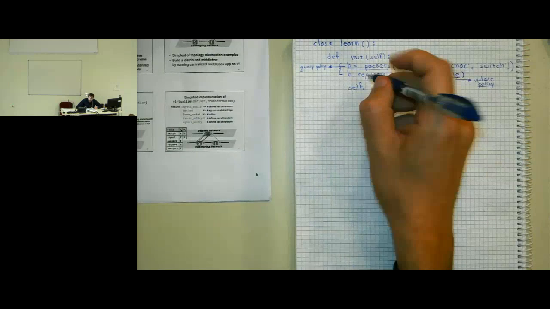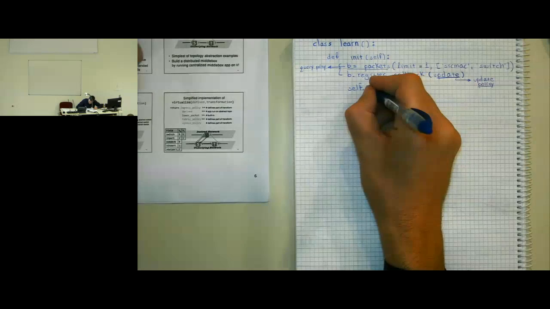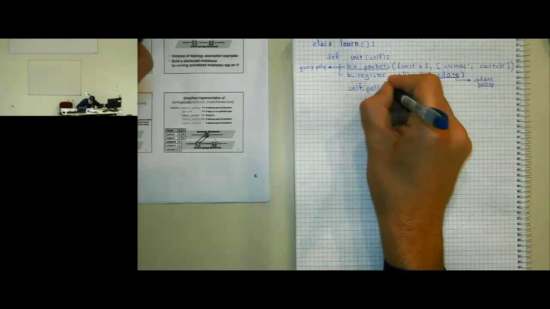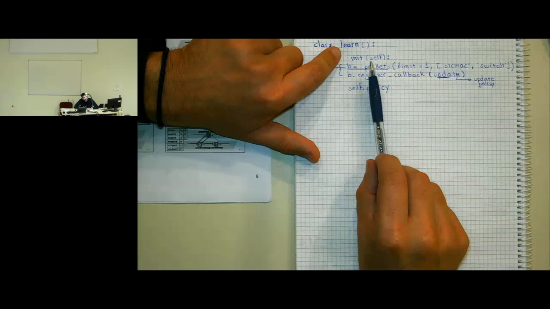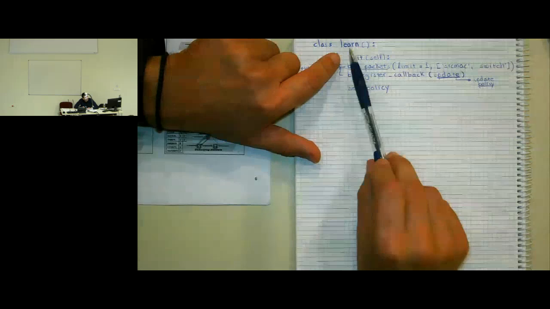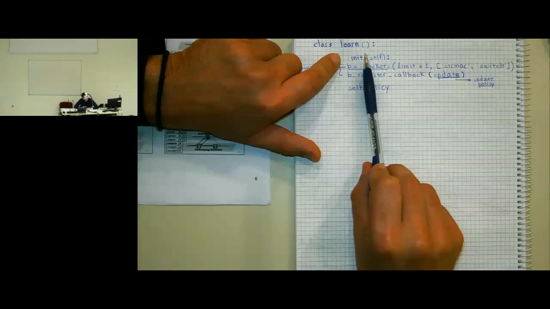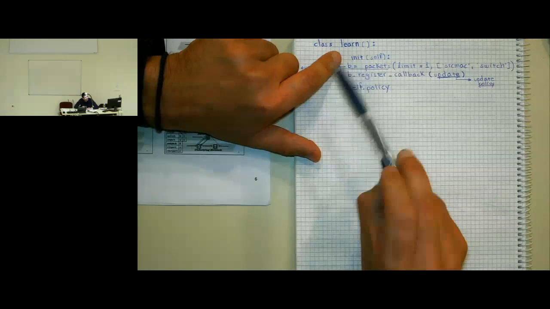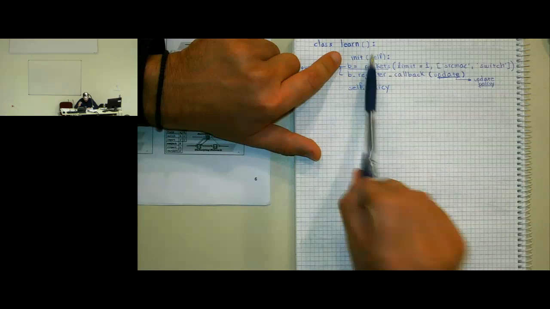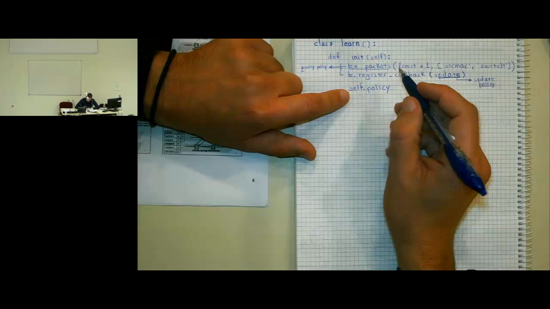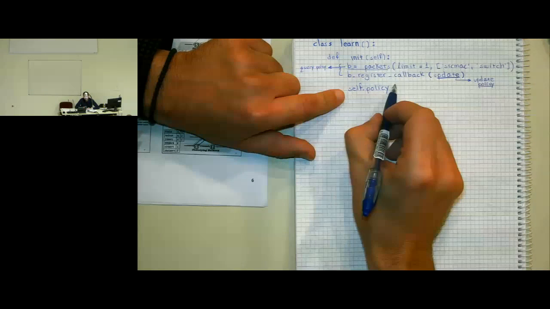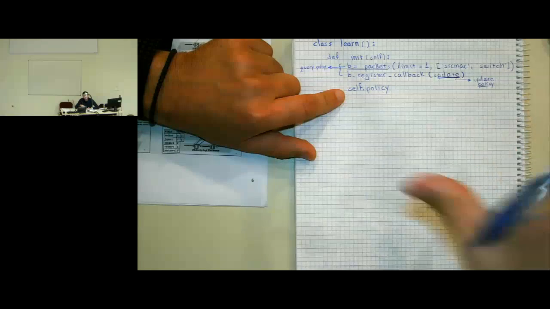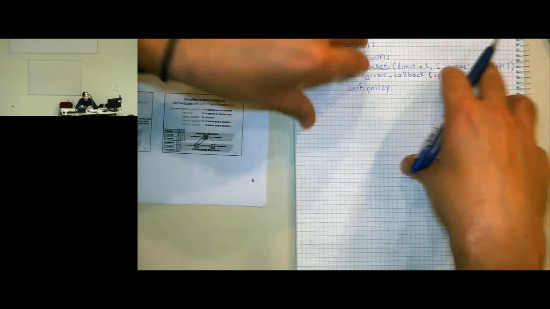So in Pyretic, a dynamic class, a dynamic object like the MAC learner here, has a special variable that is called self.policy. This variable defines what this object will do when it is instantiated.